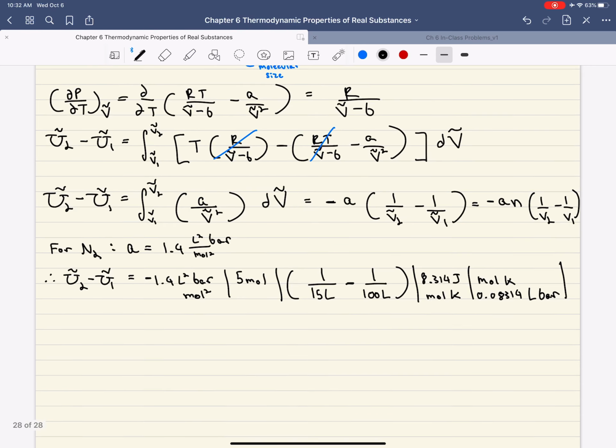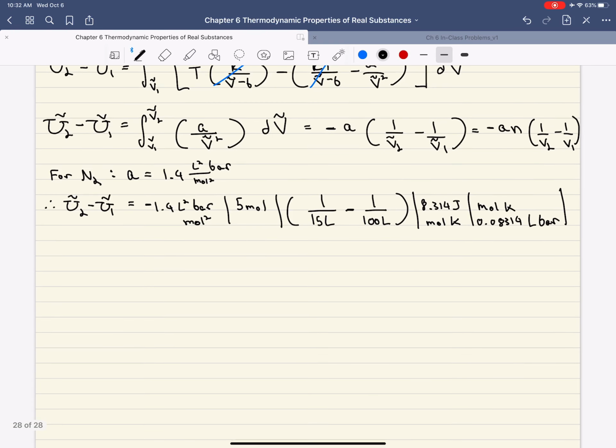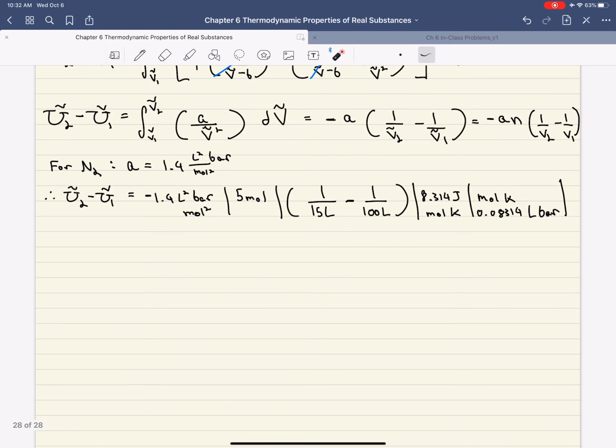Alright, and in any case, by doing that, because I kind of want the final answer in joules, I just took the gas constant written in terms of joules and divided it by the gas constant written in terms of liter bar, right? So that's essentially just taking gas constant divided by gas constant. So that's 1, but here I'm just playing around with units.